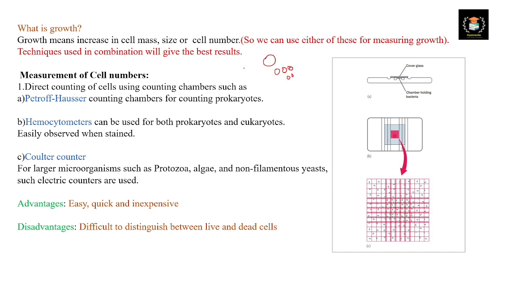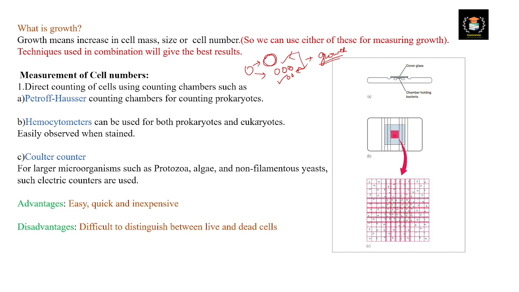A microbe is said to be growing when it is either increasing in size or increasing in number. We can measure this increase in mass or size by different techniques, and generally we use a combination of these techniques to give the final result, to say the total growth of the microorganisms. Generally a combination is preferred over a single technique.